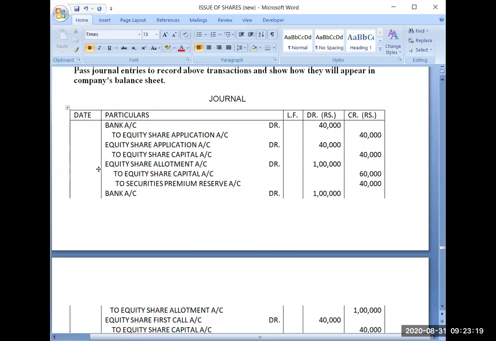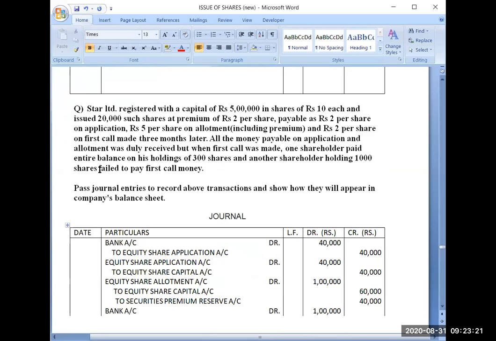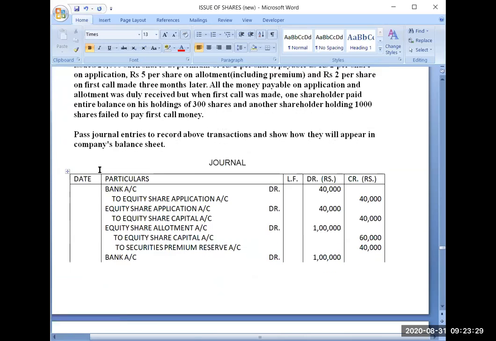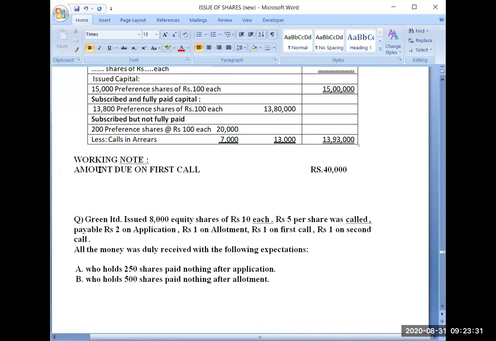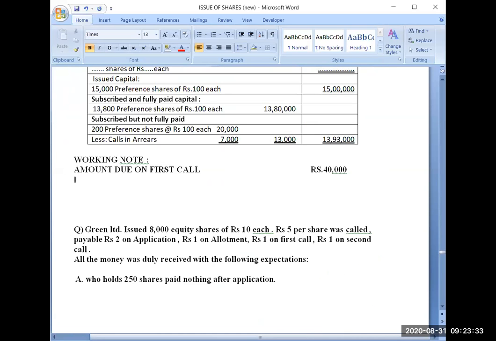Do you remember the question? 1,000 shares, at the rate of rupees 2 each. So my calls in arrear will be less, calls in arrears, 2,000 rupees.